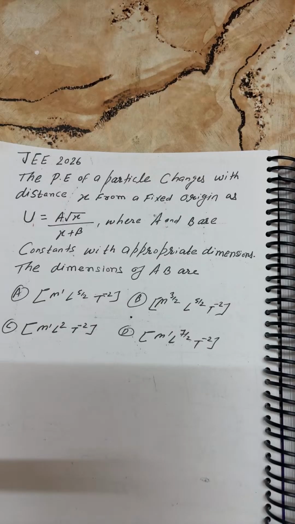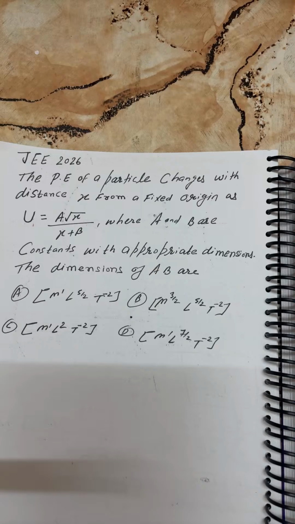What does the question say? The potential energy of a particle changes with distance x from a fixed origin as U, the energy expression mentioned here: U is equal to A root x upon x plus B. Here A and B are both constants, as already mentioned in the question.